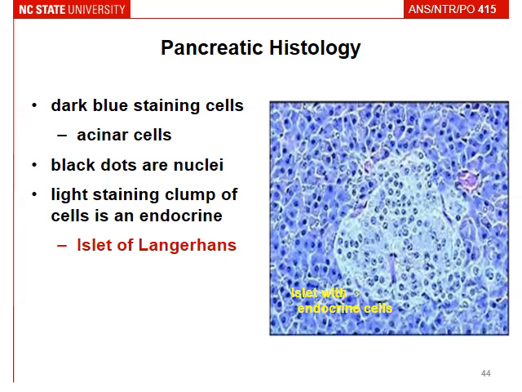The black dots are the nuclei of all the cells, and then this light staining here is what we refer to as the islet of Langerhans. All these cells, this light blue staining, are actually the endocrine cells that are secreting insulin and glucagon.